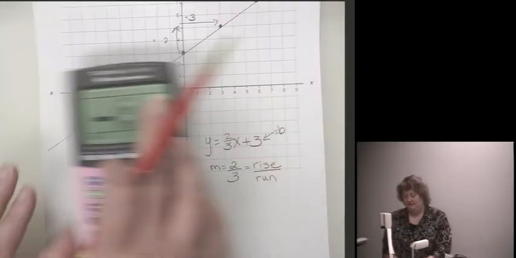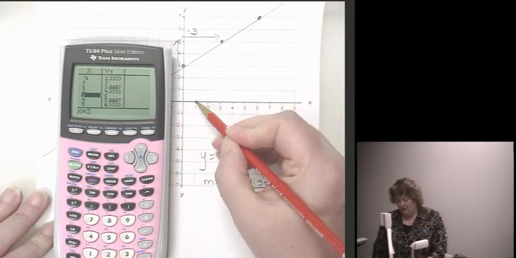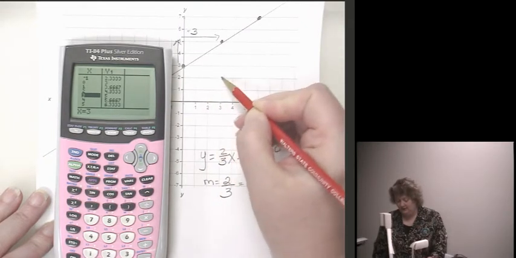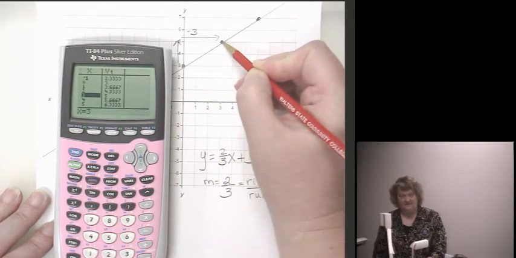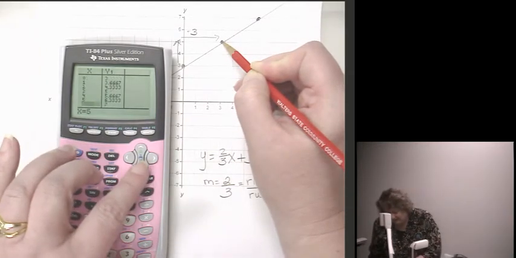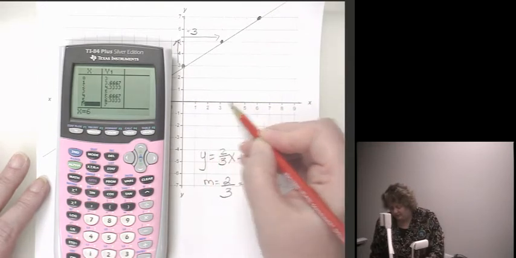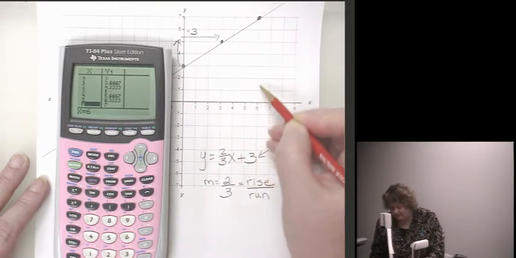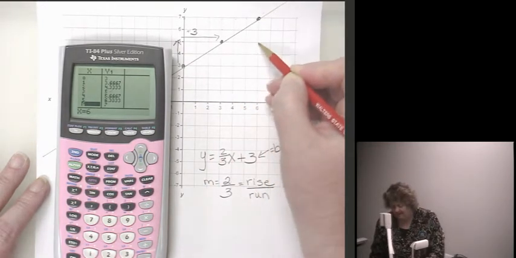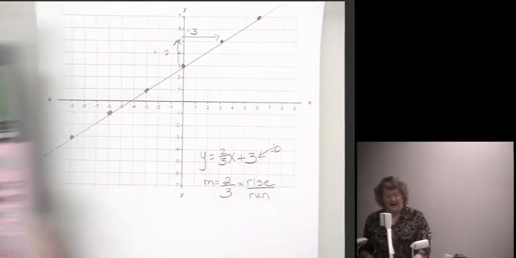Let's see if the point 3, 5 is on my graph. 1, 2, 3, 1, 2, 3, 4, 5. There's the point on my graph. The next whole number I get is the point 6, 7. 1, 2, 3, 4, 5, 6. 1, 2, 3, 4, 5, 6, 7. It's on my graph. So I've got an accurate graph. And I checked it.